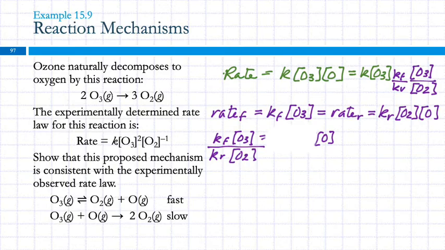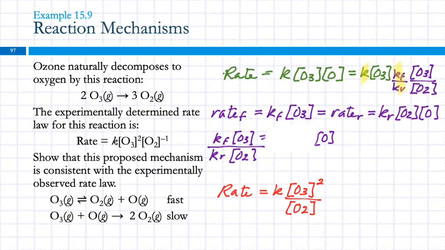And then I'm going to take this constant and those two constants and combine them all into a single constant. My overall rate then is equal to a constant, just combining all those things, and then I've got O3 squared divided by O2.